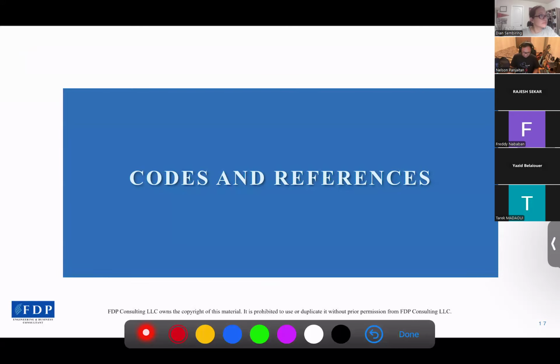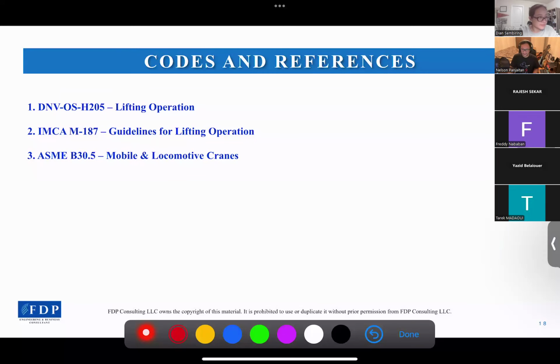We continue with the codes and references that I usually use in my design or in lifting plans. But not limited to these, you can choose any codes or references that suit your project. There are three references here. First is DNV OSH 205 about lifting operations.